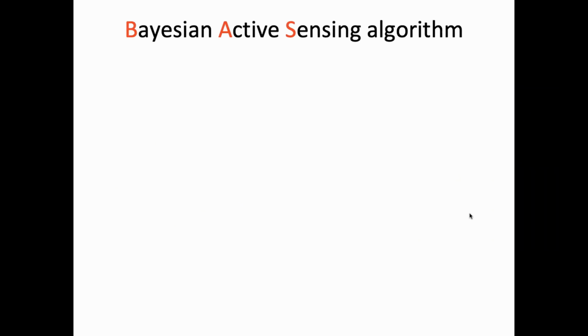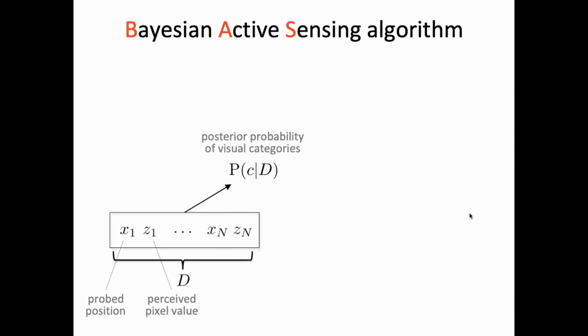The Bayesian active sensing algorithm, which we named BAS, aims to choose the next revealing location that will improve categorization performance the most. Let's say we have some observations and have computed the posterior probability.